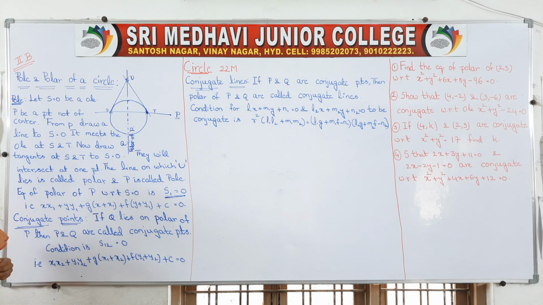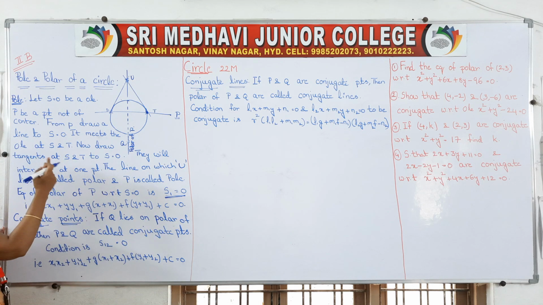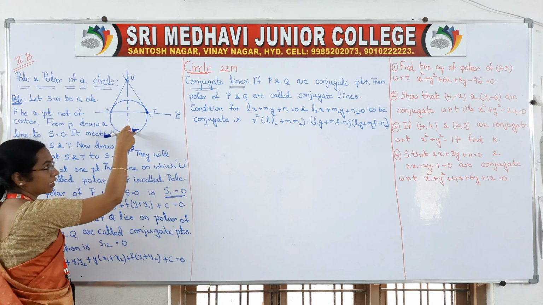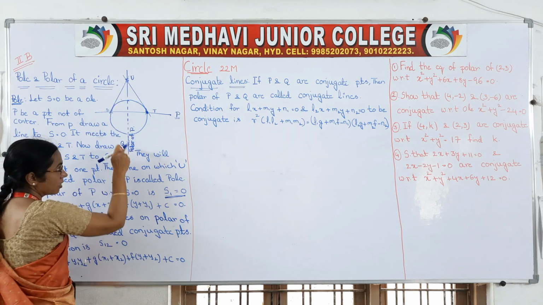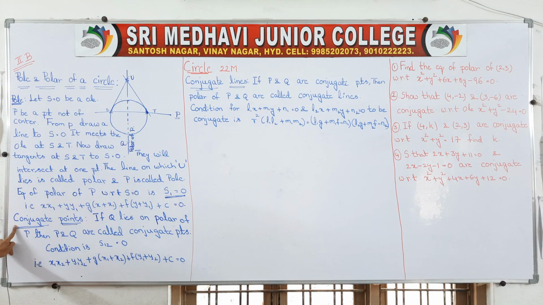When can we say any 2 points are conjugate? If one point lies on the polar of the other point. If Q lies on polar of P, then P and Q are said to be conjugate points. See, this is your polar of P. On this line, suppose Q lies, then P and Q are called conjugate points.